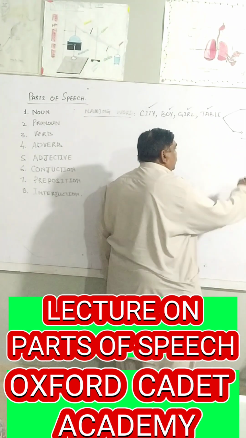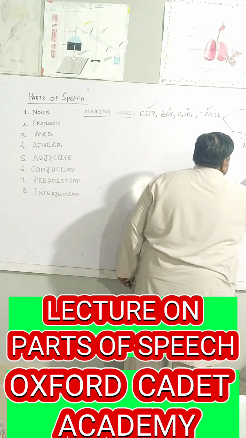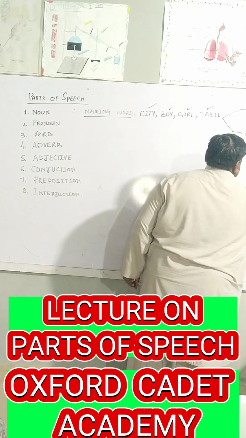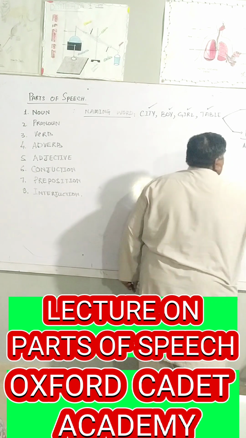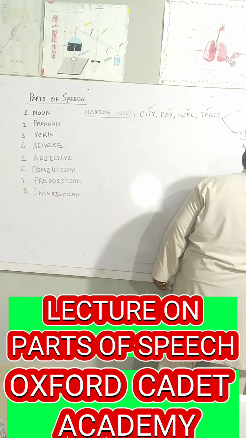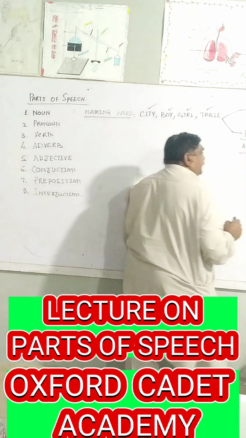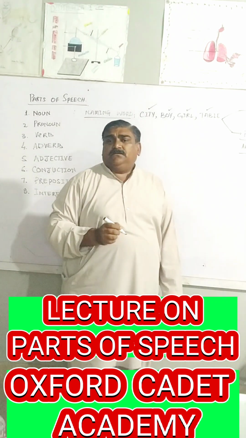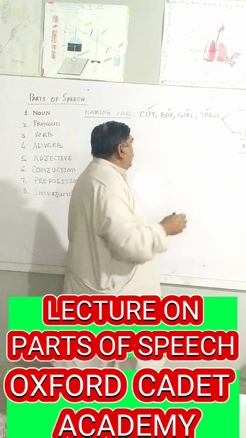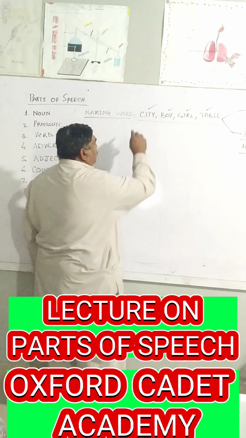For example, Akbar, Karachi, teacher table. These are some specific names. These are all common names.